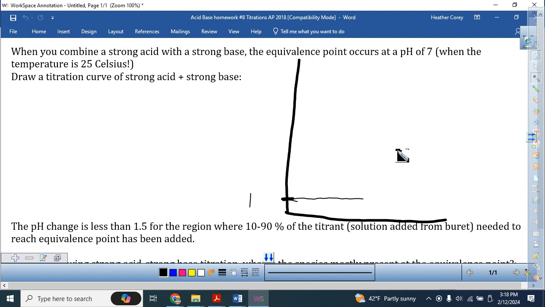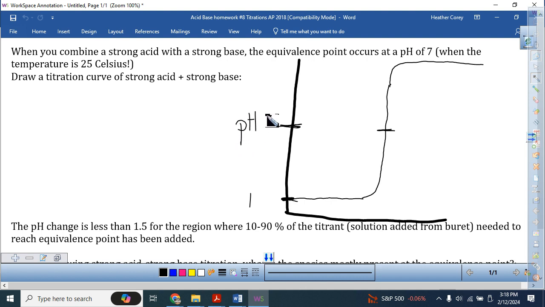A lot of that increase was due just to changes in dilution. Once we had excess OH, that pH shot up and went straight up. And then eventually, if we kept adding the sodium hydroxide, it leveled out again. So it looks kind of like this sharp S. Right at the middle of that rapid increase is where we get our equivalence point.